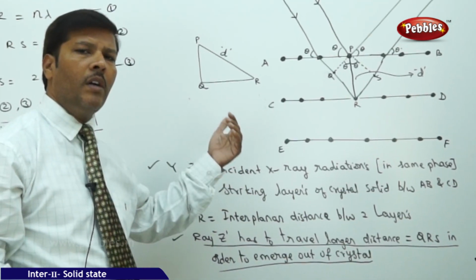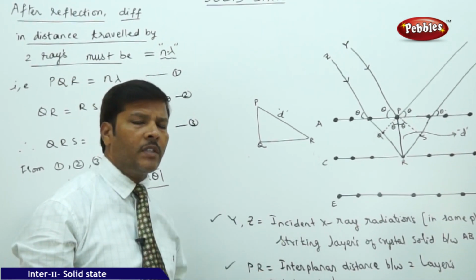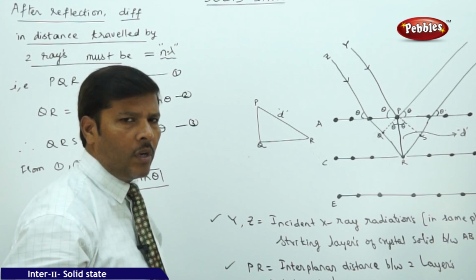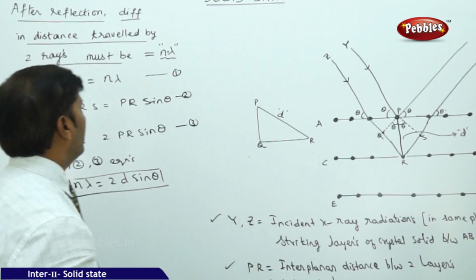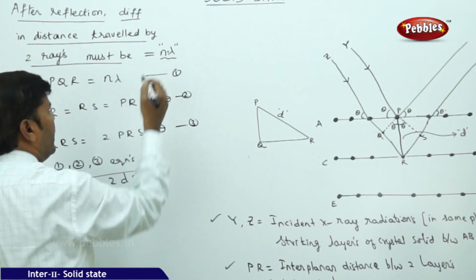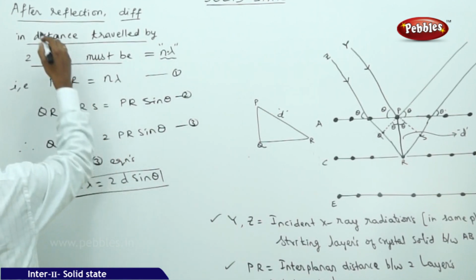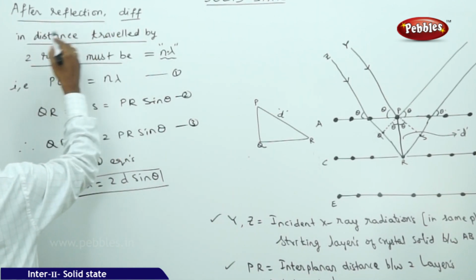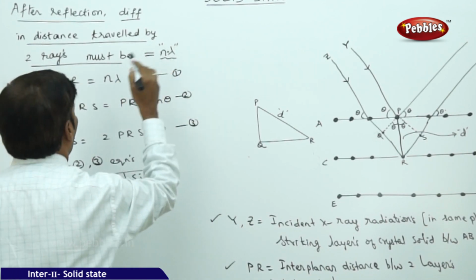N is equal to 3, again 3 crystalline planes, and so on. So n represents the number of crystal planes observed in the crystalline solid, and it also gives the order of the crystalline solid. Lambda is the wavelength of the X-ray radiation. So after reflection the difference in distance travelled by two rays must be equal to the integral multiple of n into lambda.